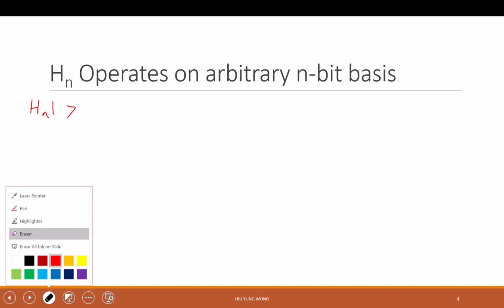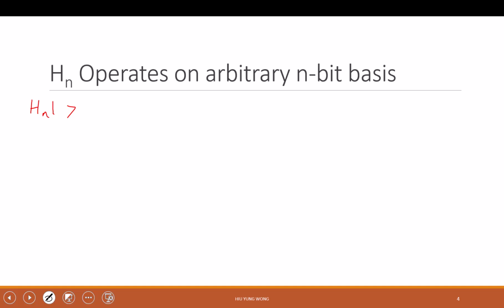Can someone explain to me what is the meaning of H n applied to a state y? What's the meaning of y? Excellent. He said that y is now a general case, a combination of 0 and 1.